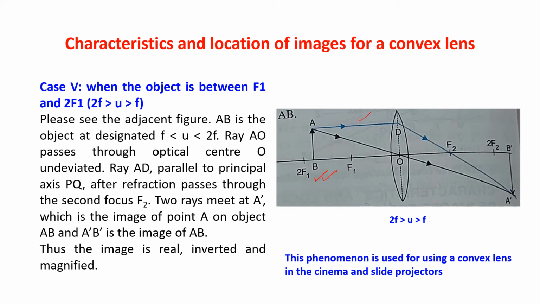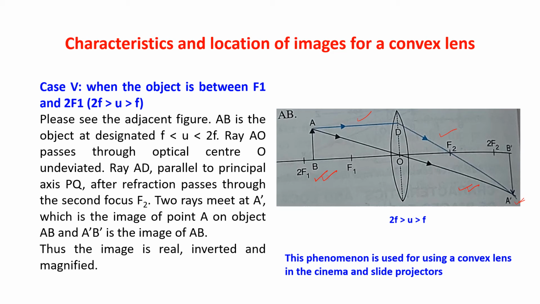One ray is AD, which is coming parallel to the principal axis, and it will go through the focus f2. Another ray we have considered is incident through the optical center, and it will pass undeviated. These two rays are meeting at a point A dash, and A dash B dash is the image formed, which is beyond 2f2.